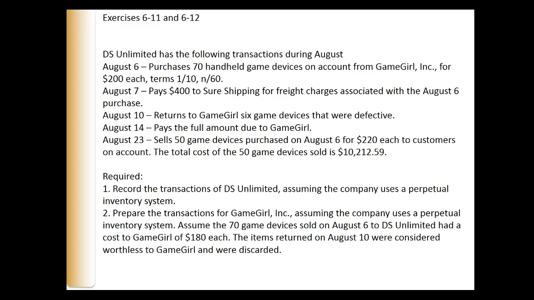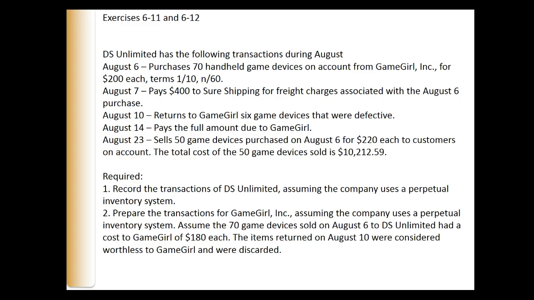On August 7th, pays $400 to Sure Shipping for freight charges associated with the August 6th purchase. August 10th, returns to Game Girl 6 game devices that were defective. August 14th, pays the full amount due to Game Girl.